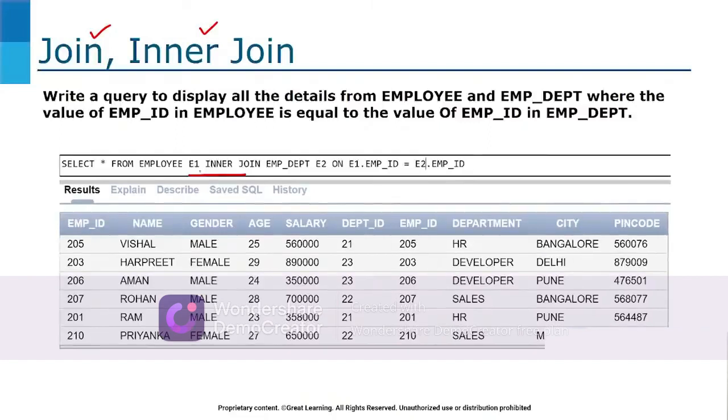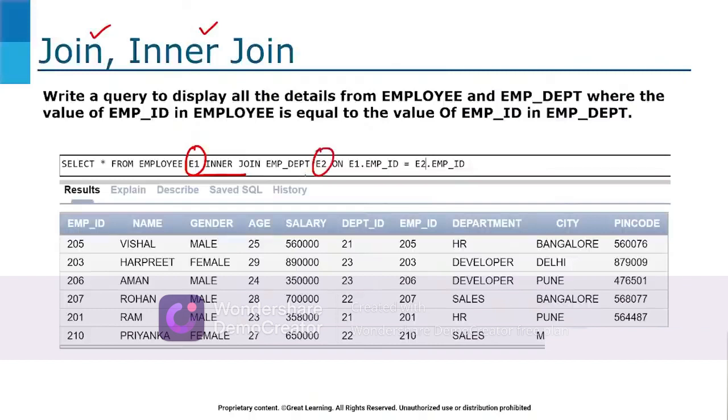Now here, again, I have changed the screenshot. Can you see? Employee E1. So I've given an alias name. See, employee department is such a long name, right? Such a big name. I can't use it every time. So I've given an alias name to it. Like you have a home name and you have an official name, right? So we have done it like that. So employee is the official name, but E1 is the home name.